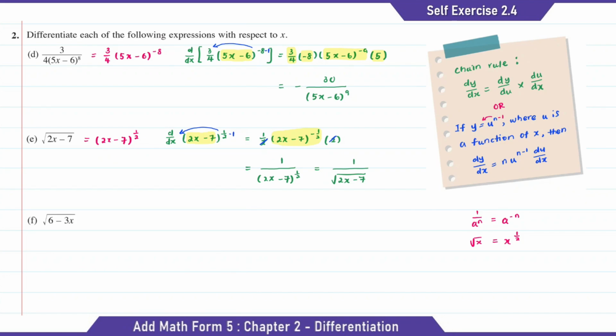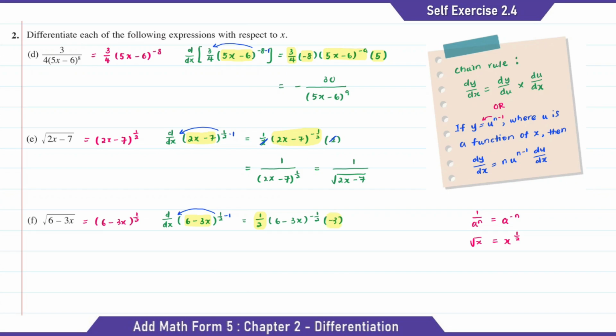Question F. Square root 6 minus 3x. So this is the same as 6 minus 3x to the power of 1 over 2. So this is going to be 1 over 2 times 6 minus 3x to the power of negative 1 over 2. Then differentiate the terms in the bracket, which is going to be negative 3.